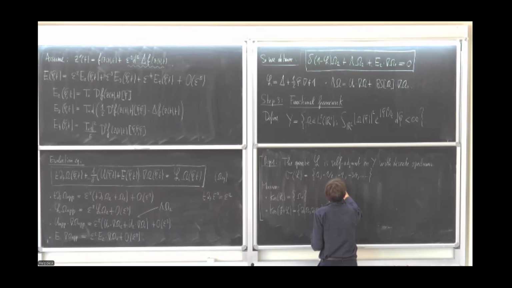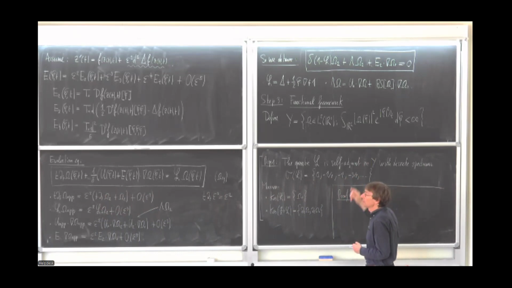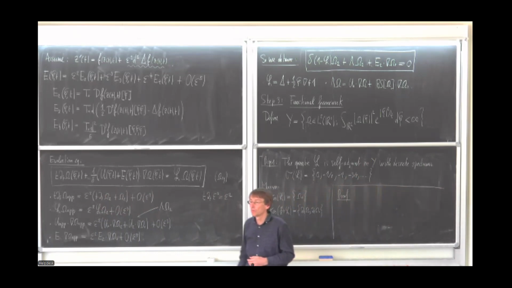And proof: if we are considering an operator in a weighted space, maybe a good idea is to conjugate with the square root of the weight to be back to an operator in L2, so that we can see what this operator is doing.